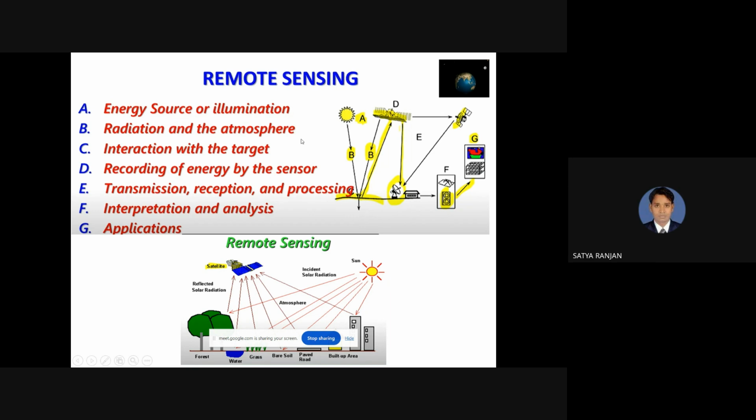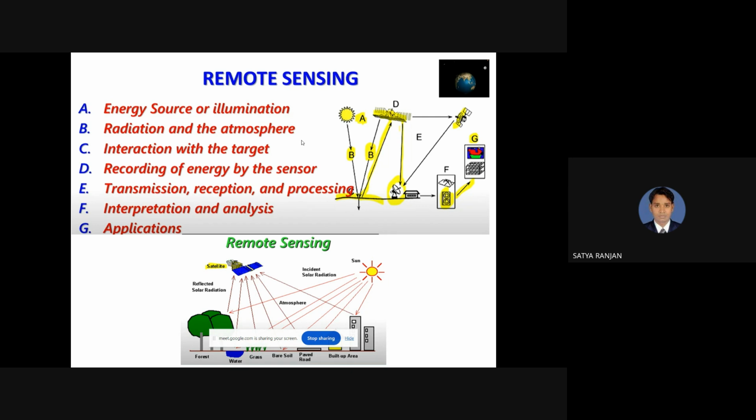Okay. Before starting digital image processing, we will discuss remote sensing basics and remote sensing technology, how satellite data are arranged, and what information is in these satellite images. In remote sensing techniques, there are energy sources, illumination, and radiation of the atmosphere.